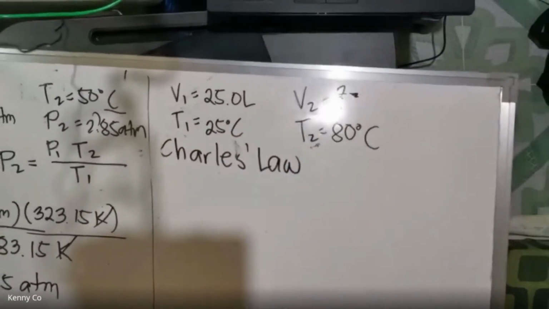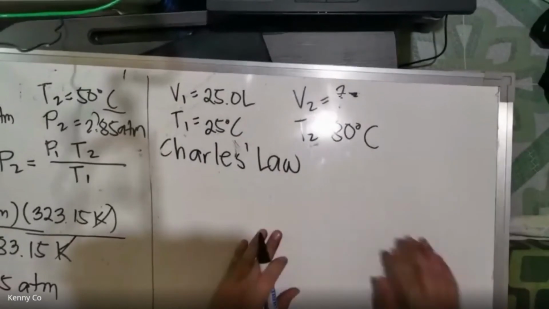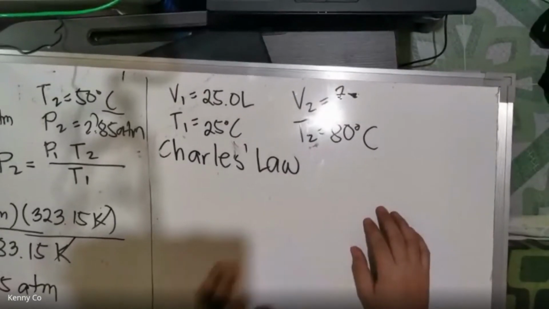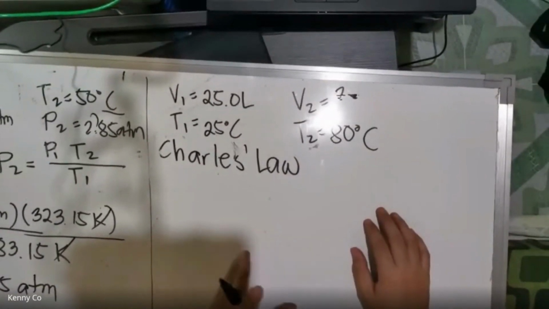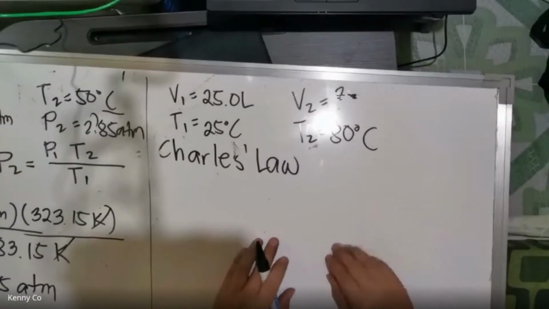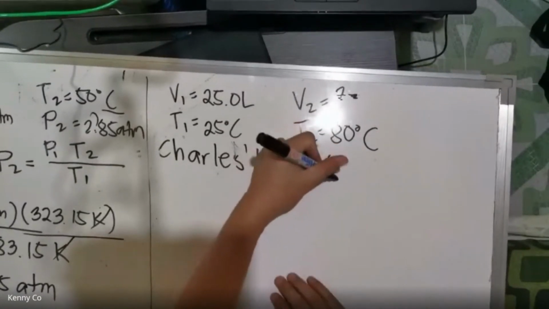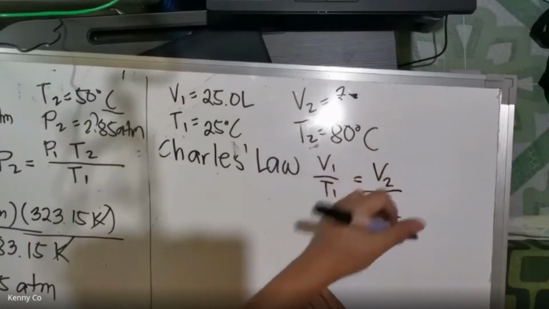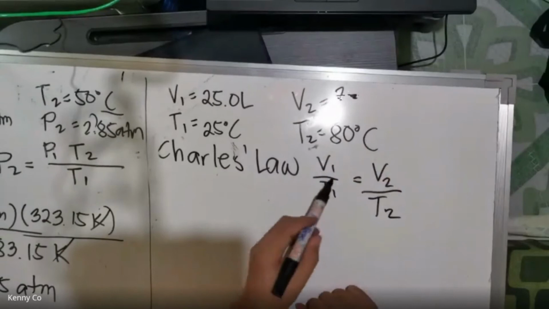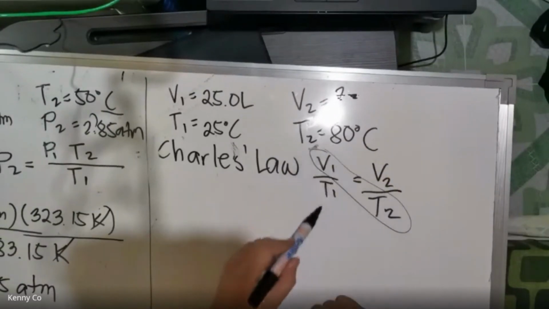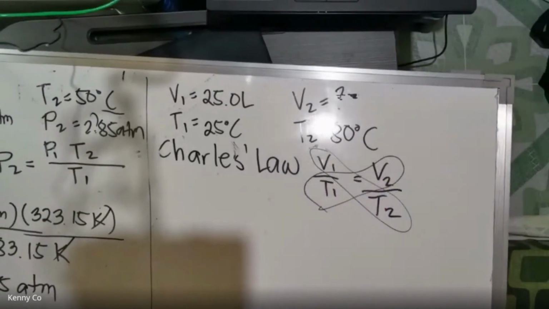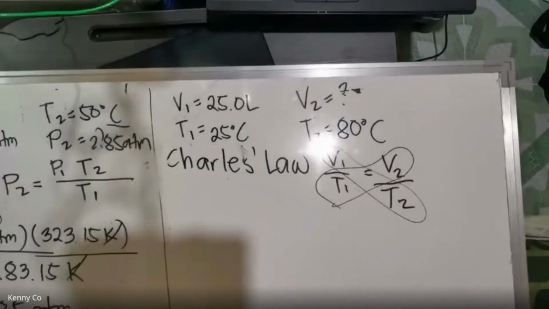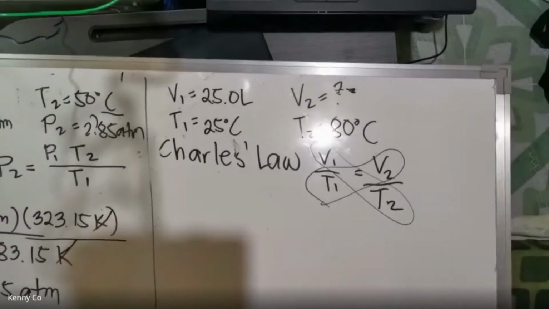Charles' law is the law for gases which is concerned with the relationship between volume and temperature. It is mathematically expressed as V1 over T1 is equal to V2 over T2. So, cross-multiply.